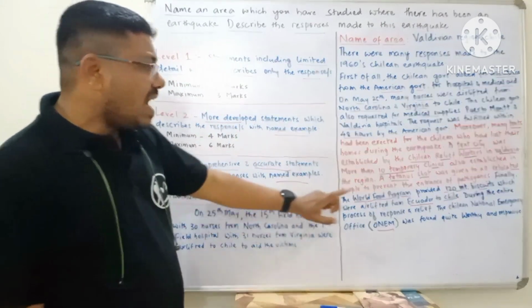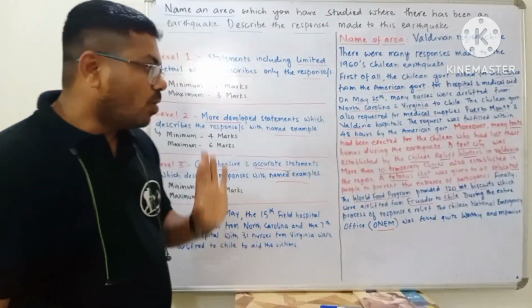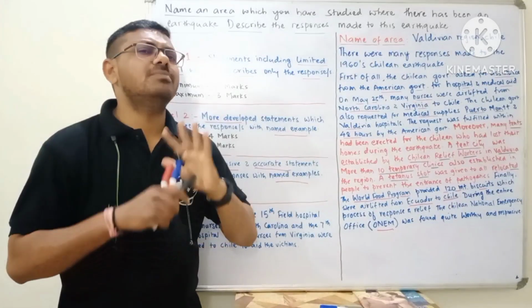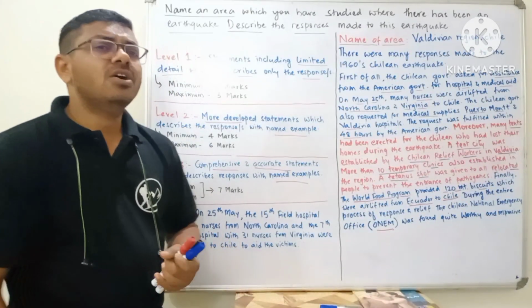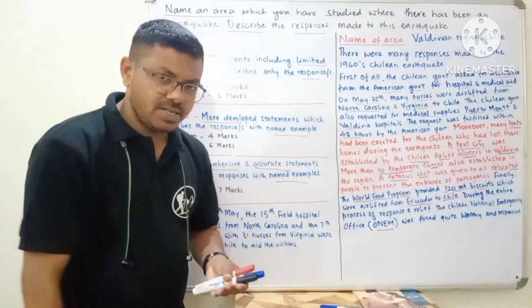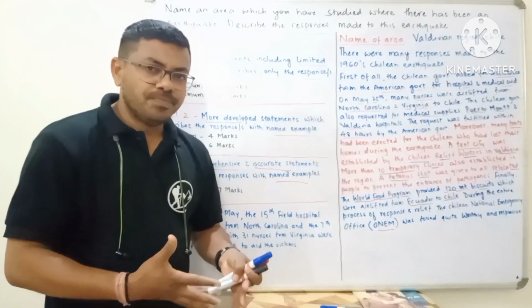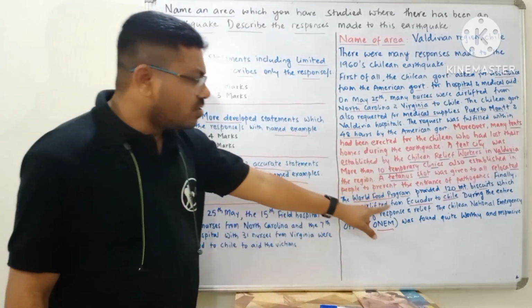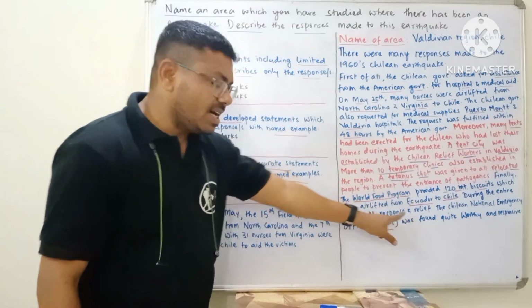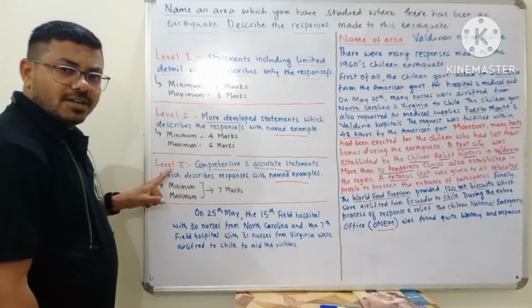Now, still, I am not clear on this idea. Were only biscuits provided or was something else also provided? Because you know that during rescue and relief, the people who have been relocated need food. Okay, only biscuits will not work. And that's why I will not consider this third idea as part of level 3.